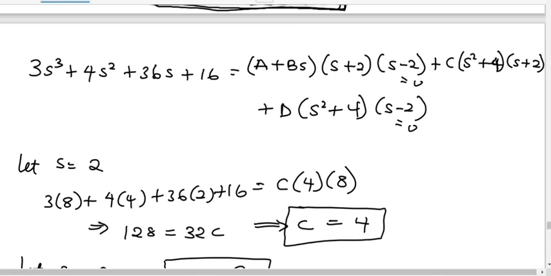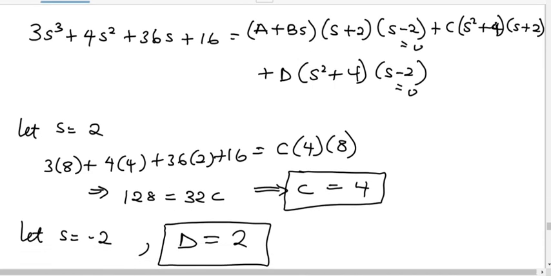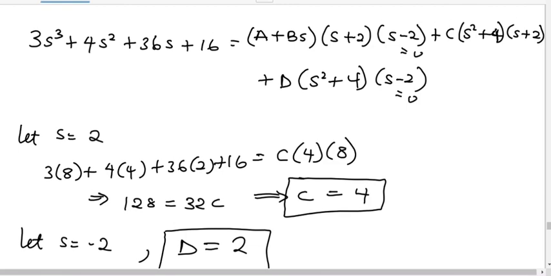But then we're to find the values of a and b, and we're going to do this by comparing the coefficients of our s squared, s cubed, and the constants. So we're going to multiply all these terms out.